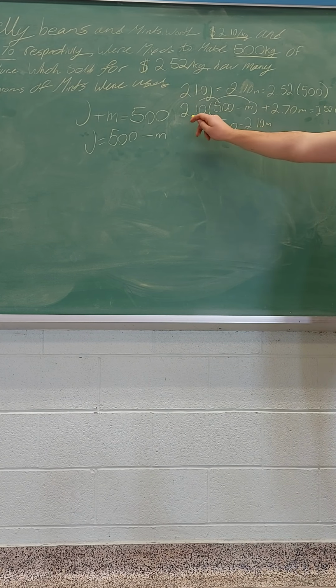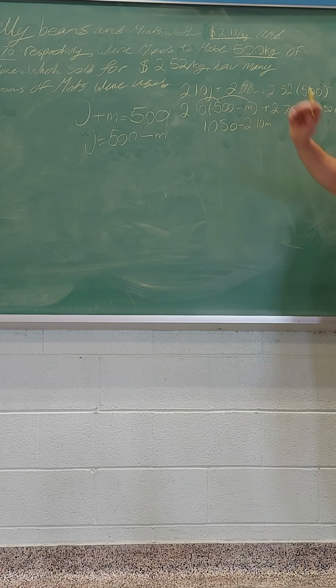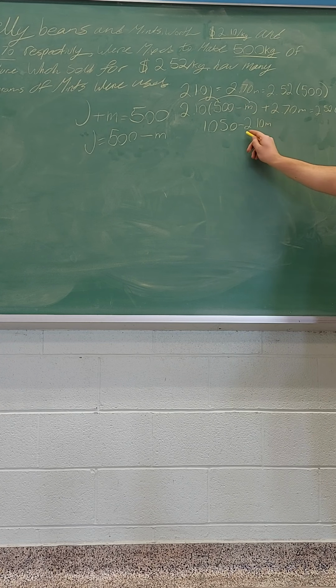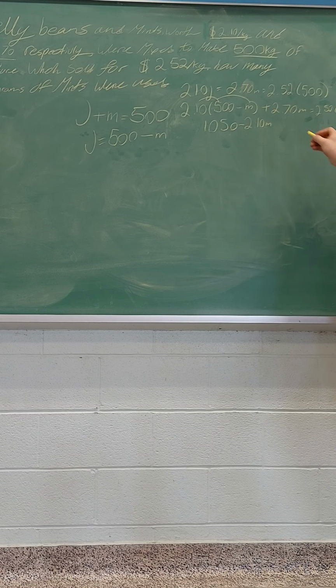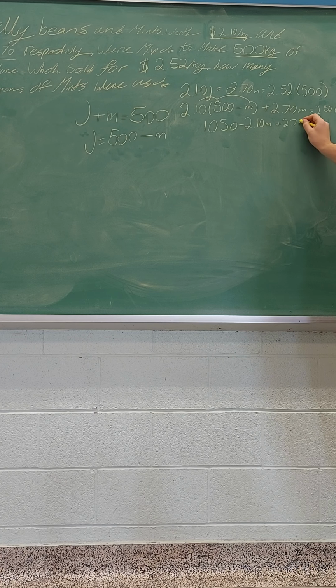So that's 2.10M. Plus 2.7M equals the other number on this side, which is 1,260.